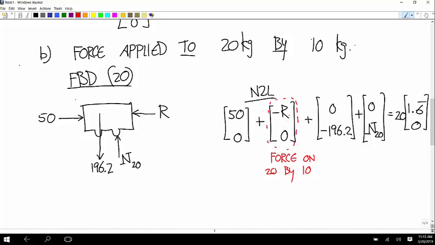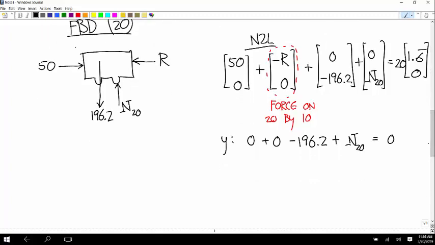So nothing in the y equation helps us at all. You could use the y equation to calculate the normal force. The y equation says 0 plus 0 minus 196.2 plus n20 is equal to 0. We weren't asked for anything about that, so we'll just leave that alone.